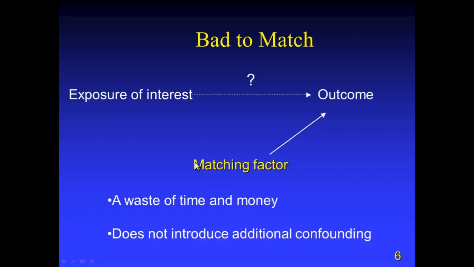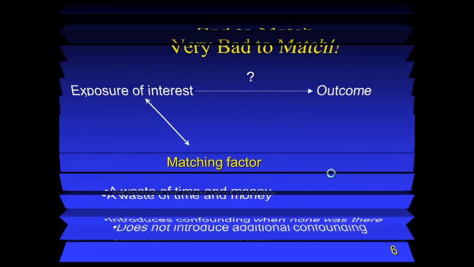That would be probably unnecessary because it's unlikely that there would be any association between diabetes, the matching factor, and sunlight exposure, the exposure of interest. So it would be a complete waste of time and money. It doesn't introduce additional confounding, but you could have spent those additional resources on recruiting more cases or controls, say.